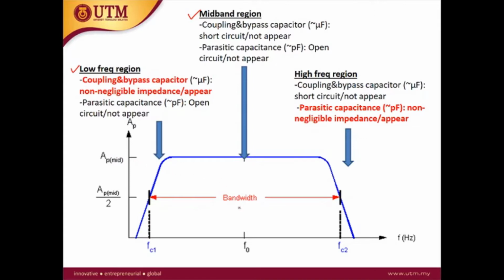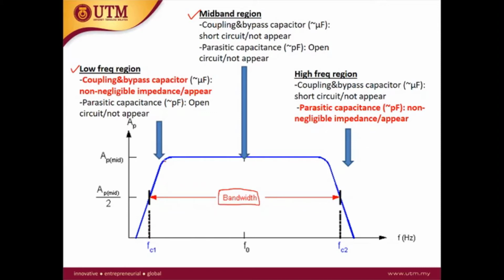The range of the mid-band we call the bandwidth. This is the range of frequency where the amplifier operates in optimum condition.